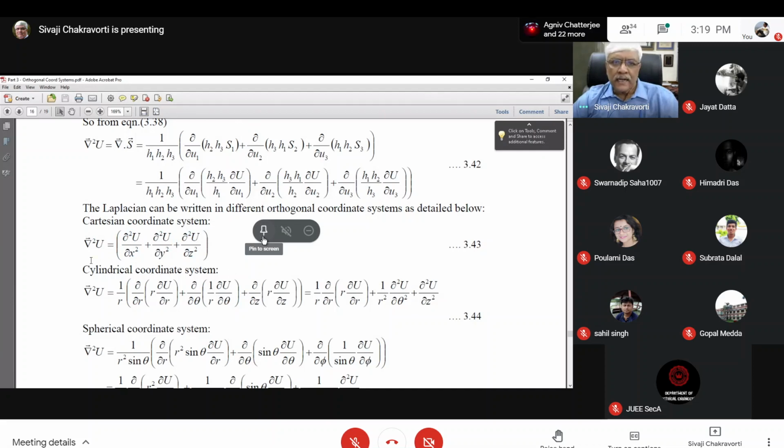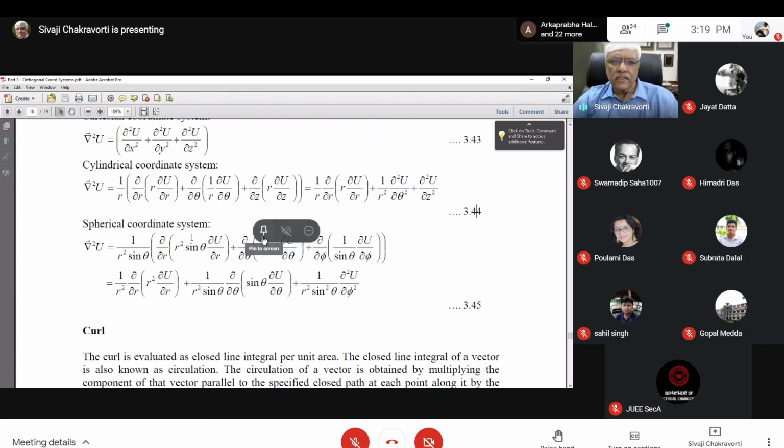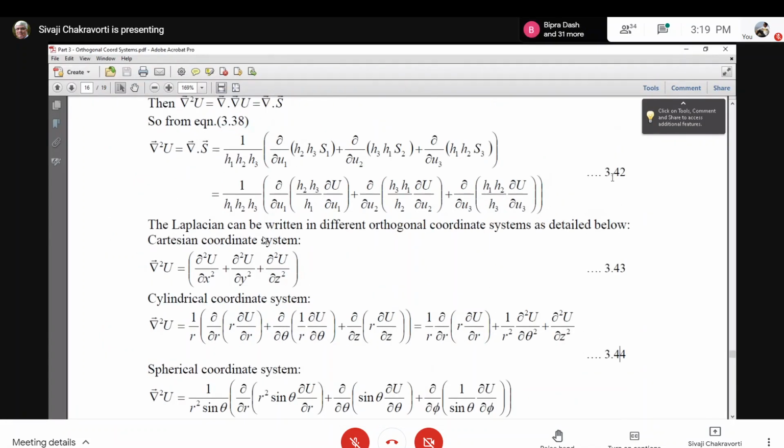Put it in r theta z, h1, h2, h3 as 1, r, 1, you get the Laplacian in the cylindrical coordinate system, equation 3.44. Spherical coordinate system, again put r theta phi, put the metric coefficients 1, r, r sine theta, you get equation 3.45 from equation 3.42.